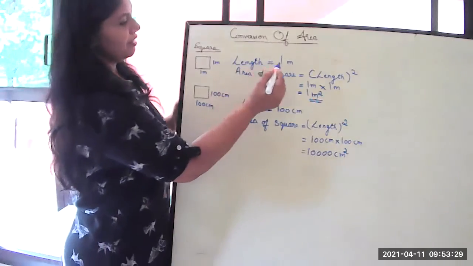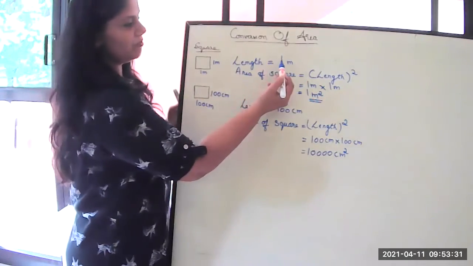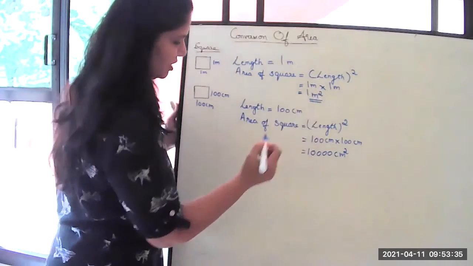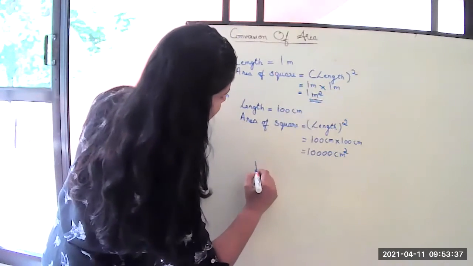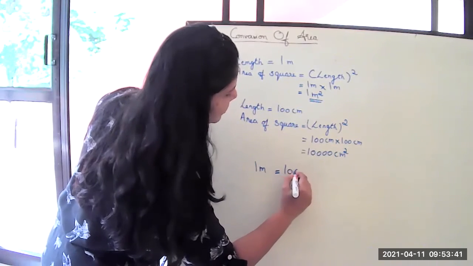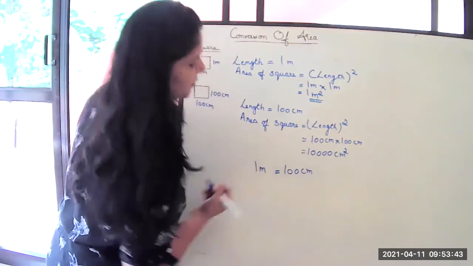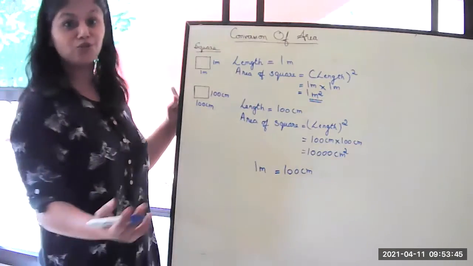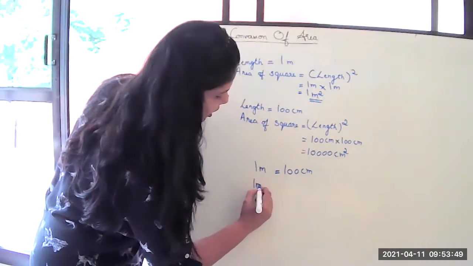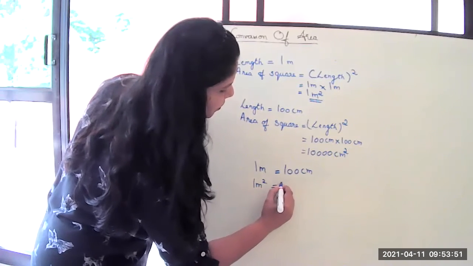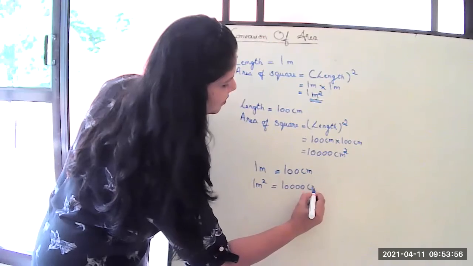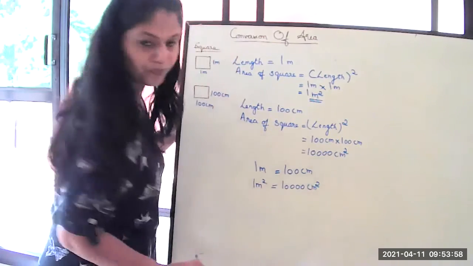So from the last class, we know that 1 meter is equal to 100 centimeter. So the area too should be equal. That is 1 meter square should be equal to 10,000 centimeter square.